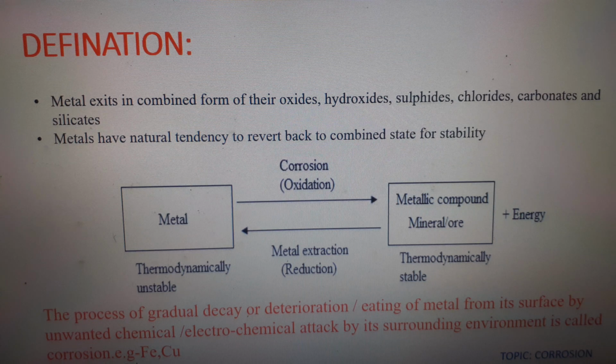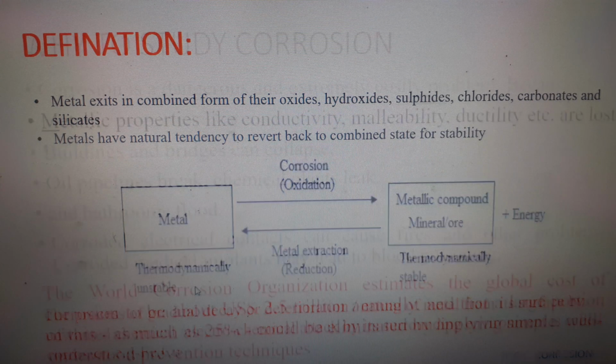So rusting of iron is an example of corrosion. The copper vessels becoming green is also an example of corrosion.